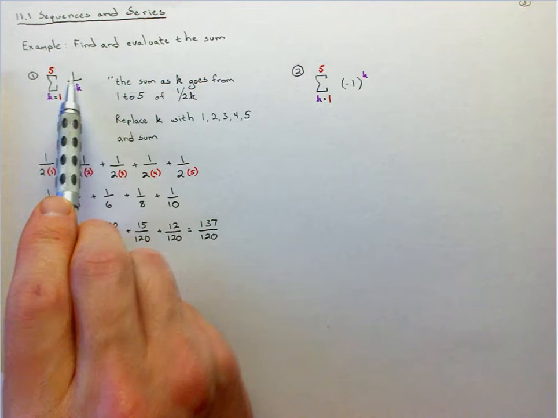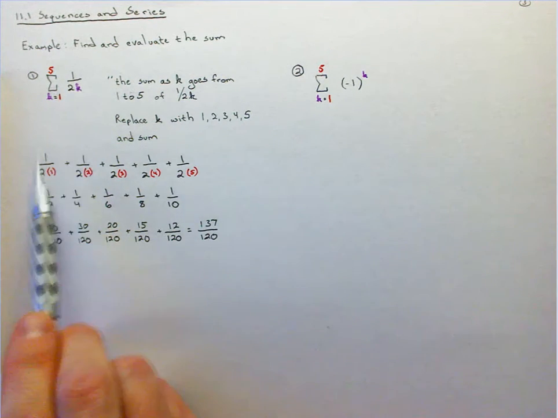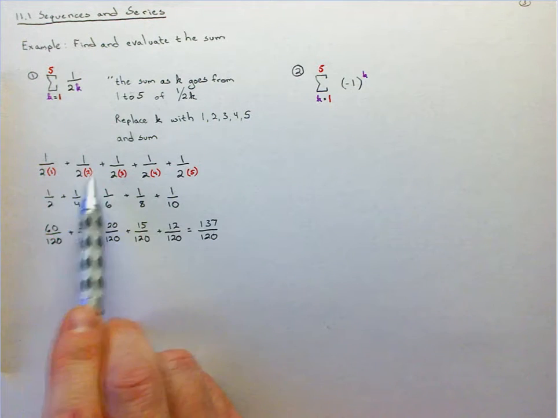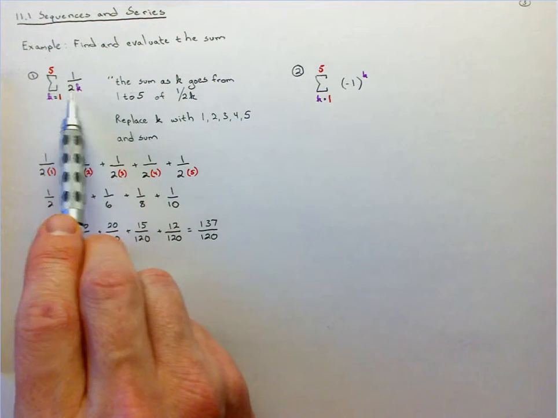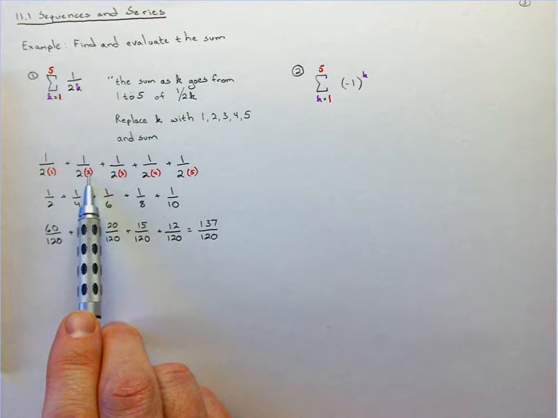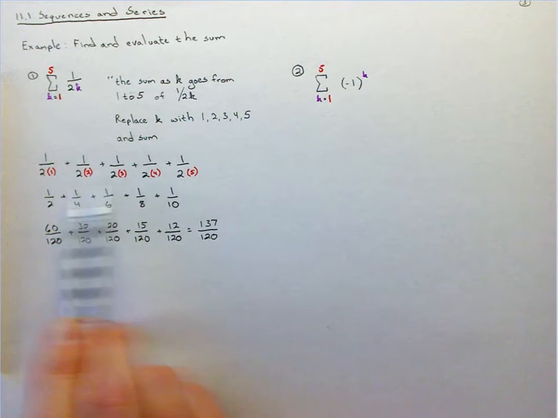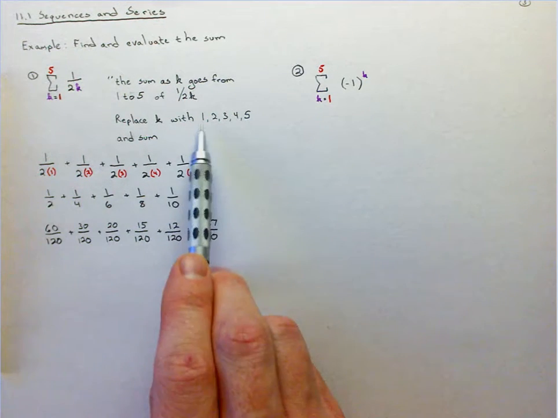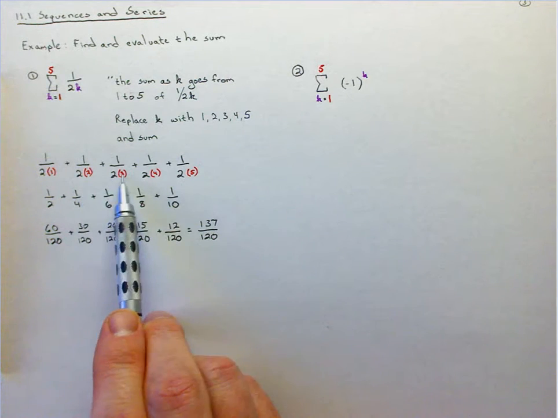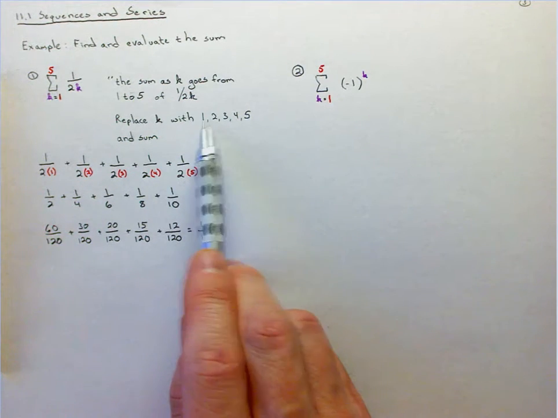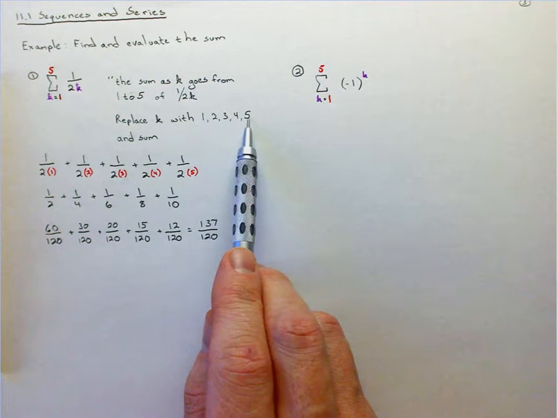So I'll have 1 over 2, instead of k I'll write a 1, and then 1 over 2 times 2. And if you notice, in red I have each one of these numbers, 1, 2, 3, 4, 5.